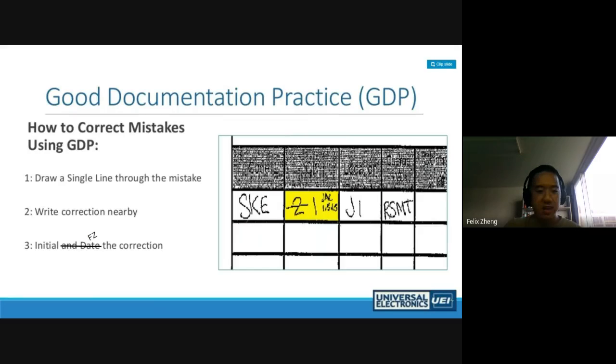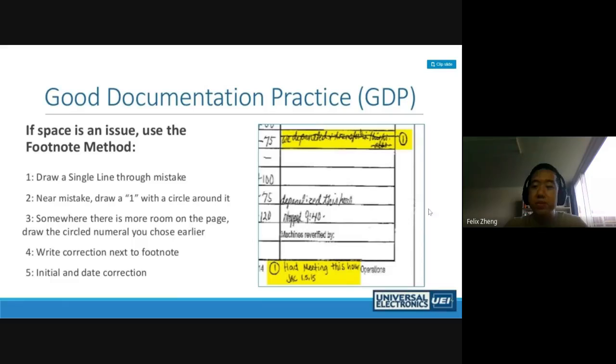In this slide, it said that you should write the correction nearby, but if you do not have room, you can draw a little number and include the correction in a footnote. That is another way. You do not necessarily have to date it, but it is not a bad practice if you want to do that.